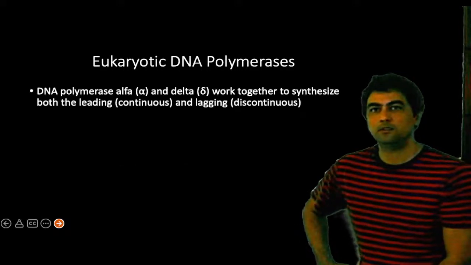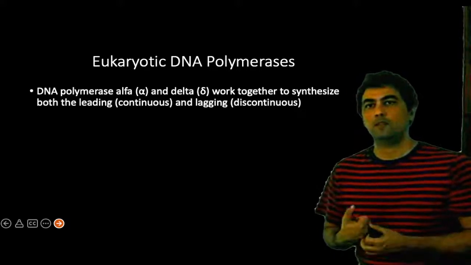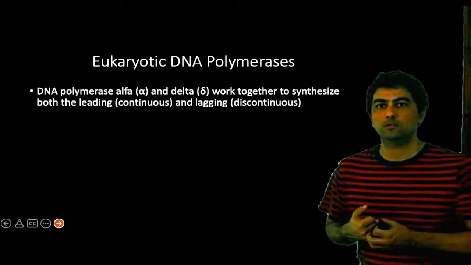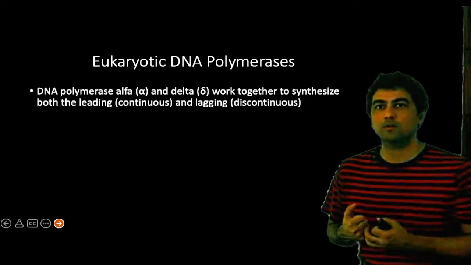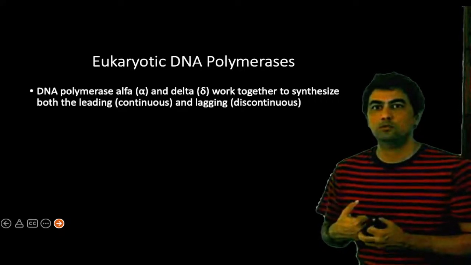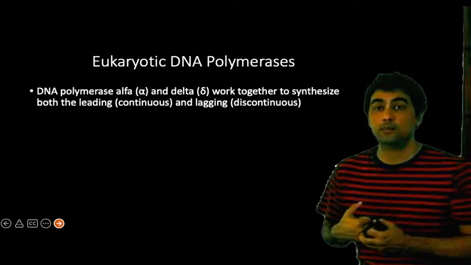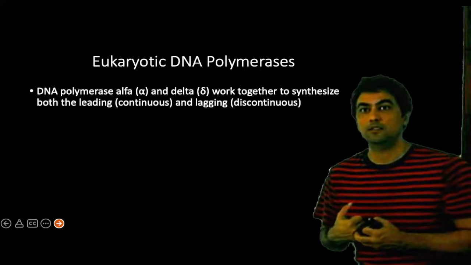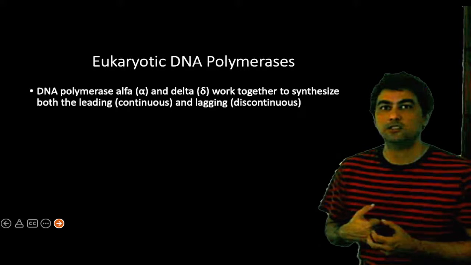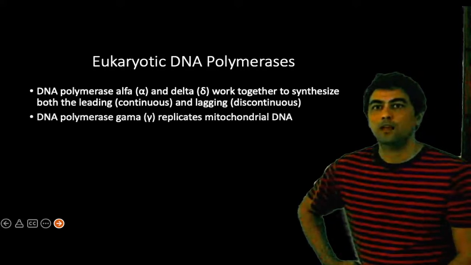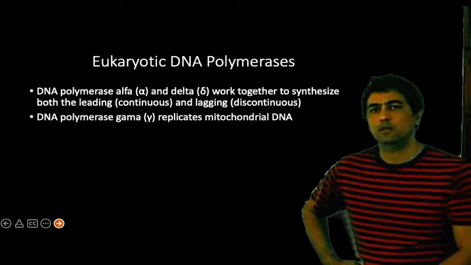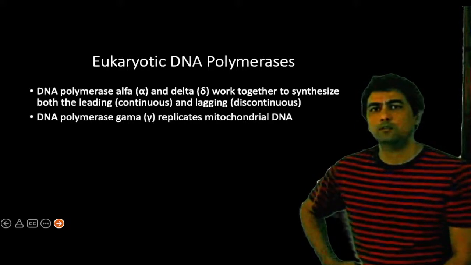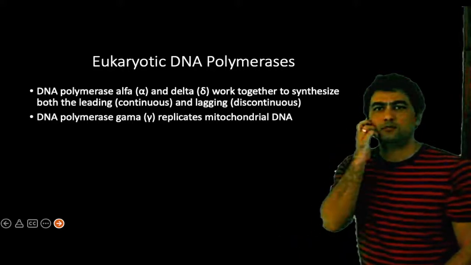DNA polymerases have different types, and each one has one function. DNA polymerase alpha and delta work together to synthesize both the leading continuous and the lagging discontinuous strands respectively. Alpha leading strand and delta lagging strand. DNA polymerase gamma replicates mitochondrial DNA. Remember that, because there are a lot of questions in tests asking about the function of each one.